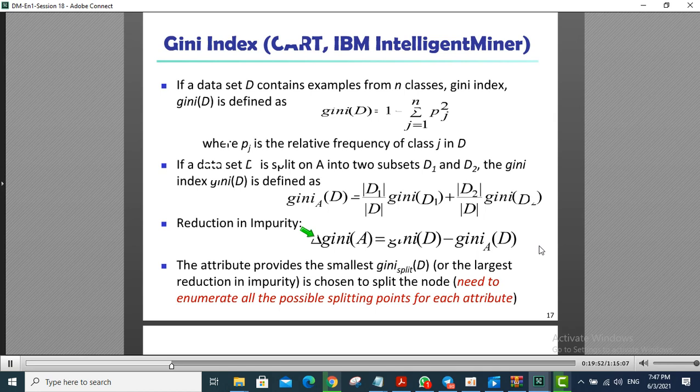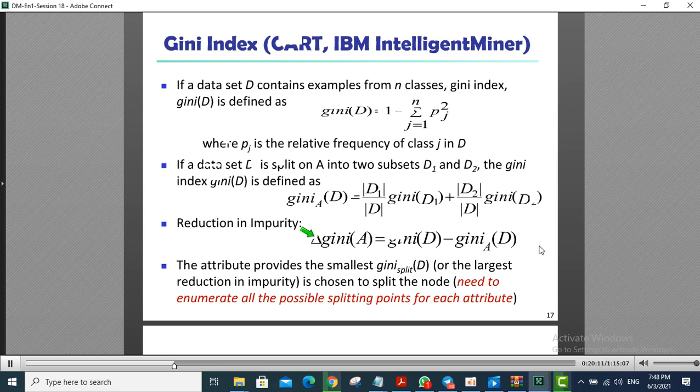I'm trying to make a decision. So I should select the best attribute. Which attribute is the best?